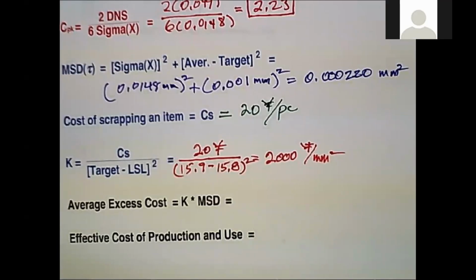Why do we use the lower spec limit in this case? I could have used the upper. Either one. For purposes of discussion here, we'll assume that everything that's non-conforming gets scrapped. That's an assumption. It's probably not a bad one.